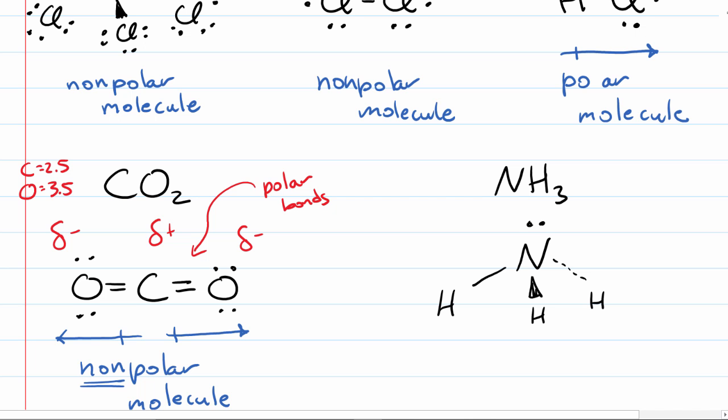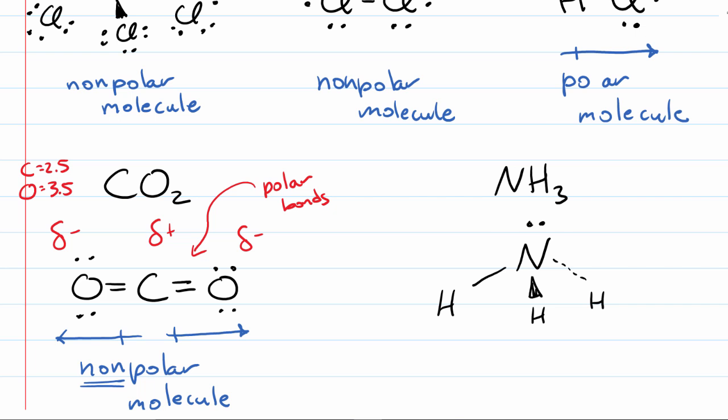So now, if we want to make an NH3, we'll take our nitrogen, which has the 4 pairs of electrons, we put the hydrogens on there, and it's going to look something like this right here.